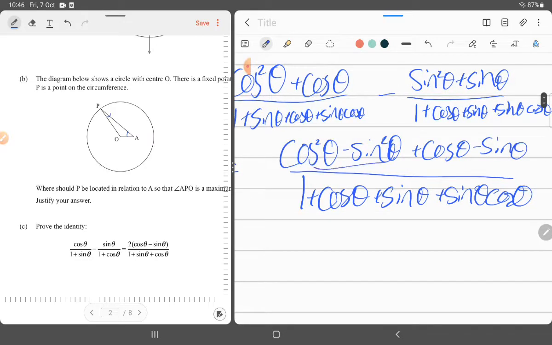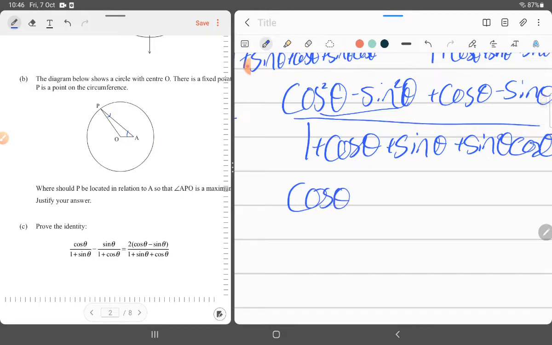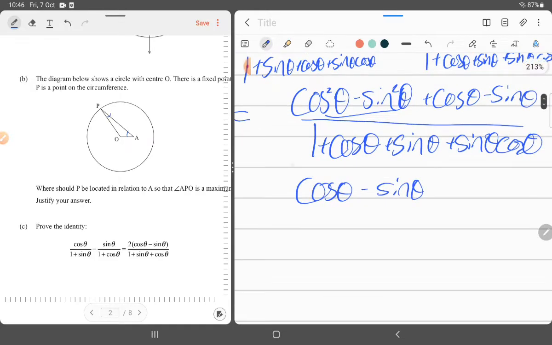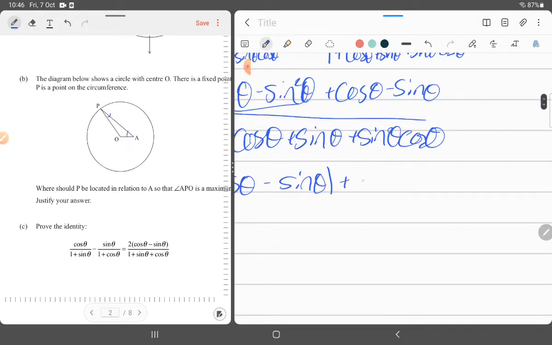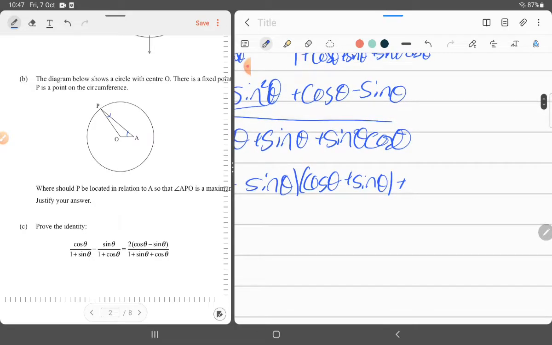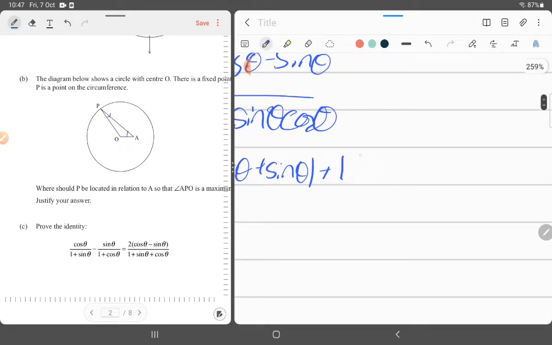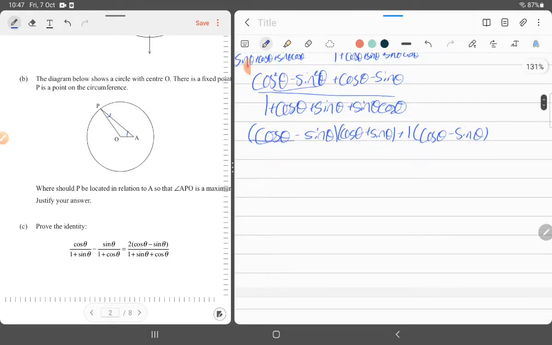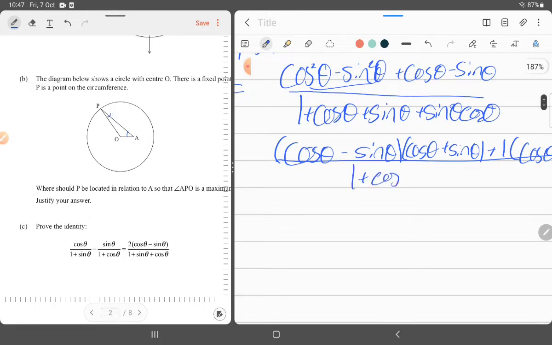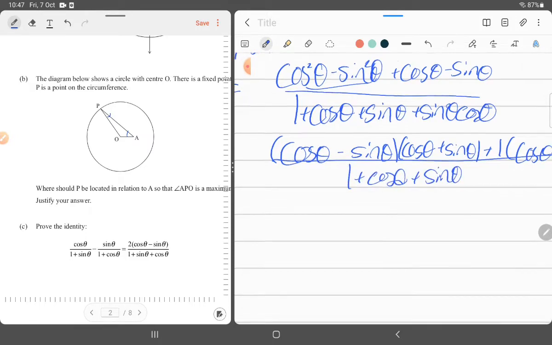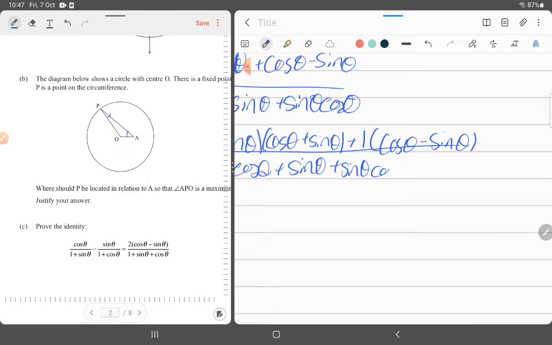Then this can be factorized into cosine theta take away sine theta times cosine theta plus sine theta, plus, I'm just going to write a 1 in here, just to prove a point, after cosine theta take away sine theta, all over 1 plus cosine theta plus sine theta plus sine theta cosine theta.